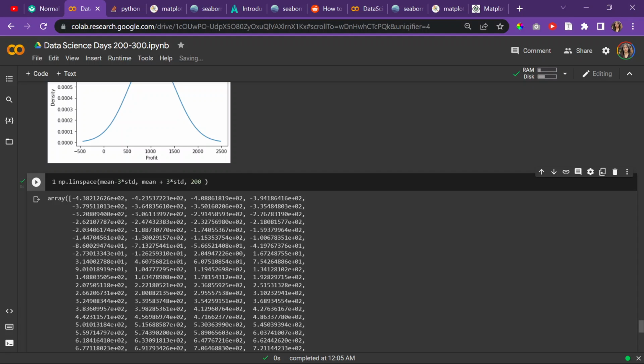Does it matter if it's 200 random profits? Should they be 200 random profits, or should they be the values that are in the profit? And if so, how do I make sure that the values that are in the profit minus the mean, the endpoints, are calculated within those endpoints? Like, is that even a question? That's what I'm trying to get at here.